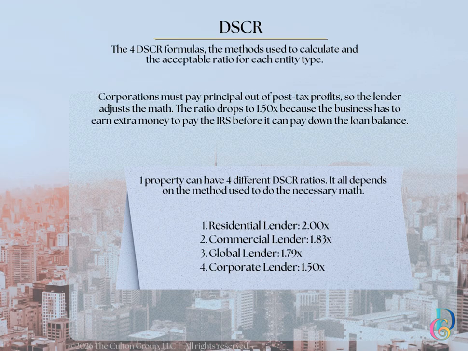It all depends on the method used to do the necessary math. And honestly, as you saw, if you were paying attention to this, I mean really paying attention, it's not the math. It's what each entity calls income. Okay? Residential lender 2.0.